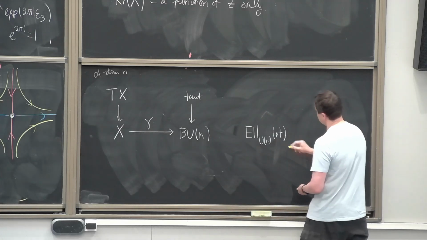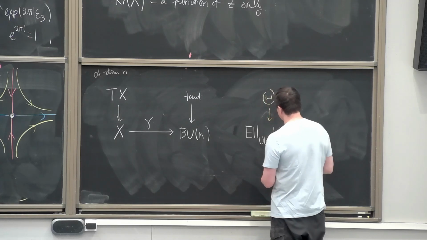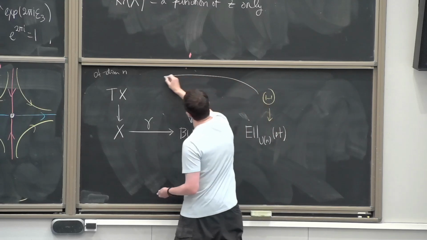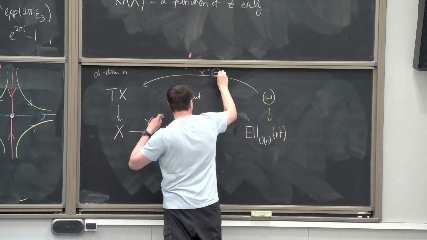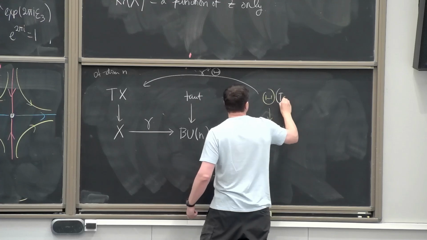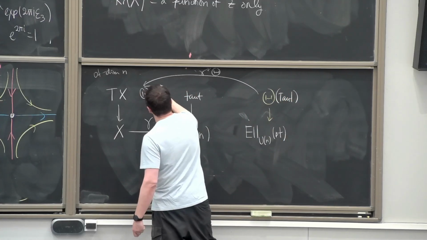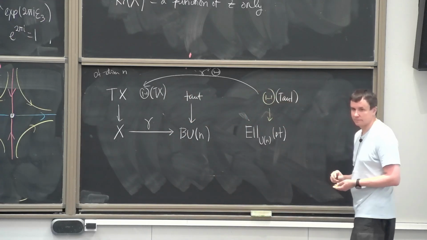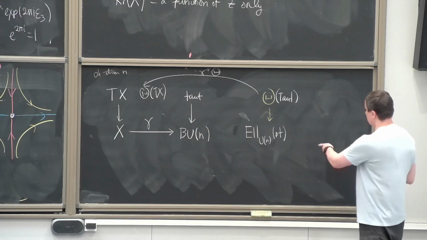And here is the theta bundle, and you pull it back by gamma, the pullback of theta. Theta is tautological. You get the theta out. So far, so good.